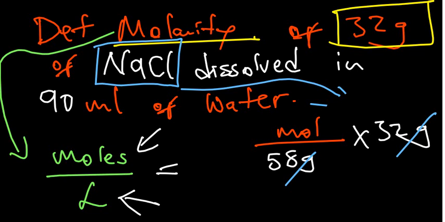Number of moles is equal to mass over molar mass, which is 32 divided by the molar mass we've calculated to be 58 grams per mole. You still get the same answer. 32 divided by 58 is what we are basically doing to find our number of moles. So we've now found the number of moles, I believe. Somebody who has divided 32 by 58, what are we getting?